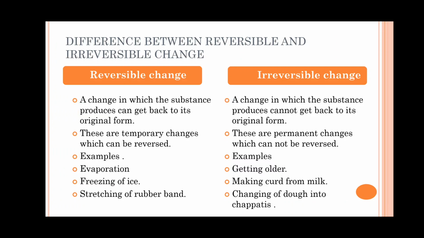Examples of reversible changes may be evaporation, freezing of ice, stretching of a rubber band, and similarly, the examples of irreversible changes are getting older, making curd from milk, changing of dough into chapatis. So these things cannot be reversed back to their original form.